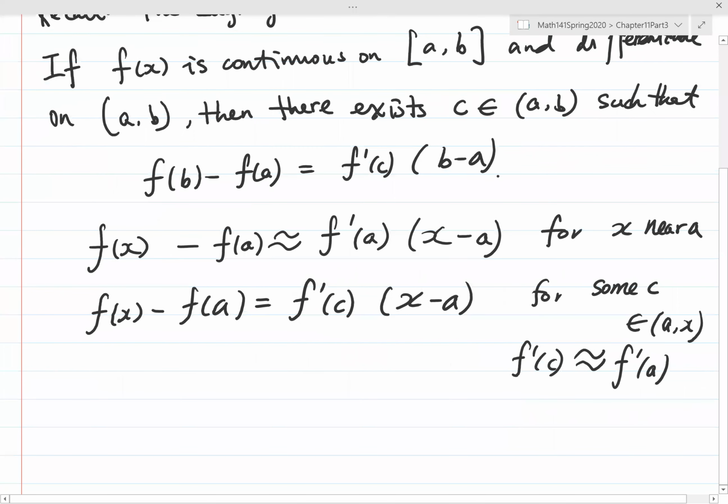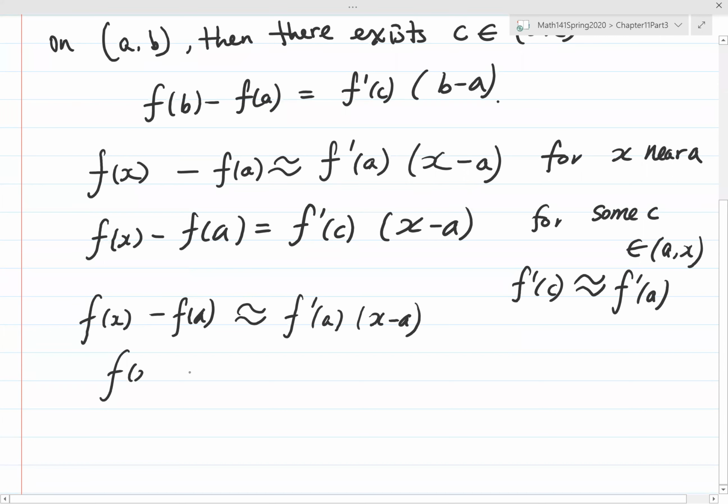So f(x) minus f(a) is approximately f'(a) times (x minus a). Then we get the linear approximation: f(x) is approximately f(a) plus f'(a) times (x minus a).